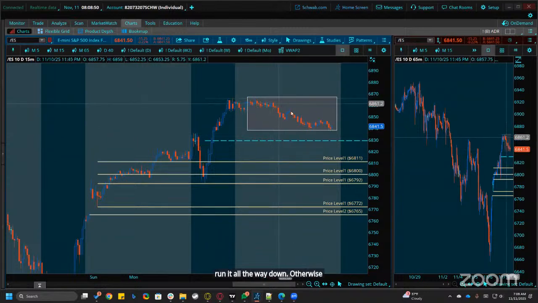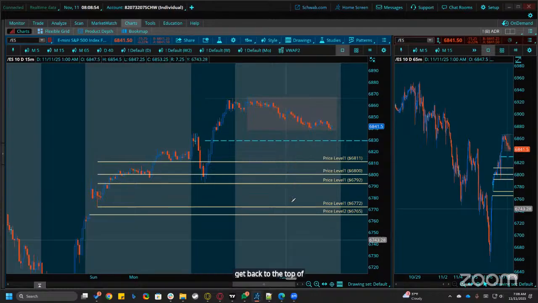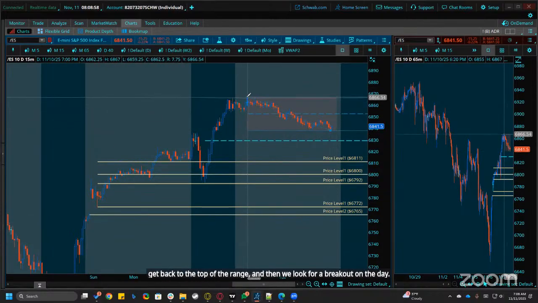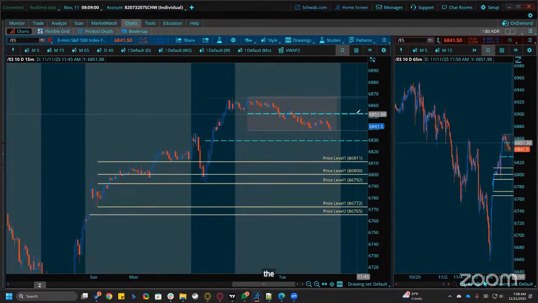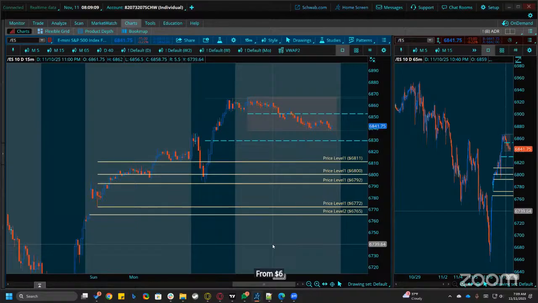Otherwise, look to get through the midpoint from the overnight, get back to the top of the range, and then we look for a breakout on the day. The midpoint just above 68.50. And remember, we got 100 points to go from 68.50 to 69.50. So if we can get that breakout, then we can get started on getting some of those 100 points.